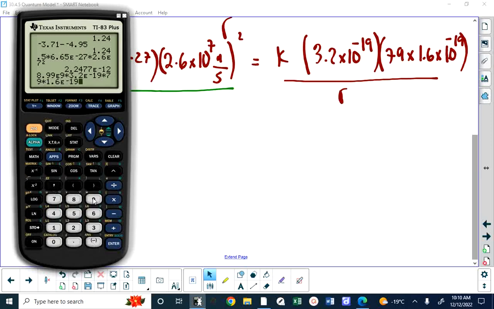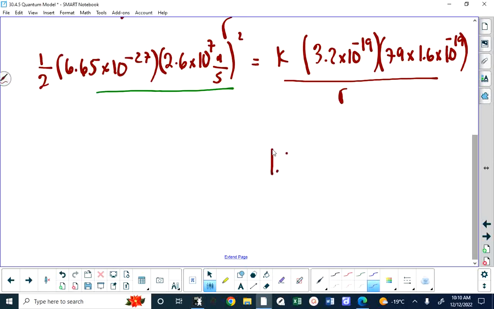And I'm just entering that in as 79 times 1.6 times 10 to the negative 19. I don't think I need to calculate what that number is and then write it down. And then divided by that energy gives me this distance. 1.6 times 10 to the negative 14 meters. That's how close it gets.